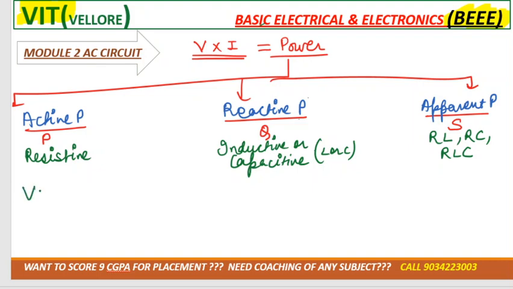Active power formula is VI cos phi. Reactive power formula is VI sin phi. Apparent power formula is VI.